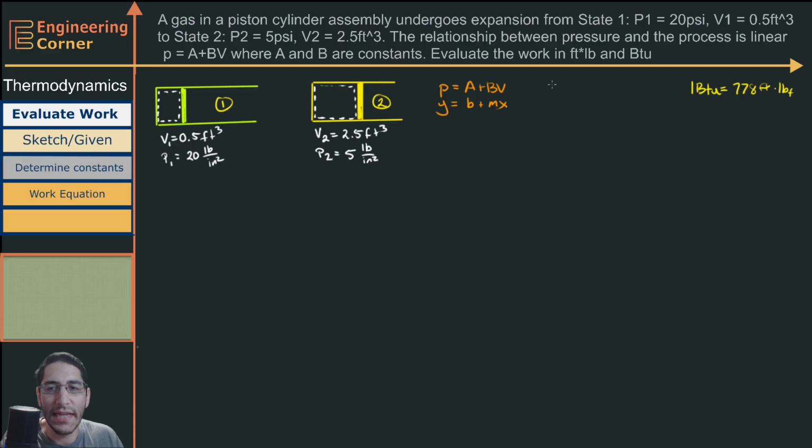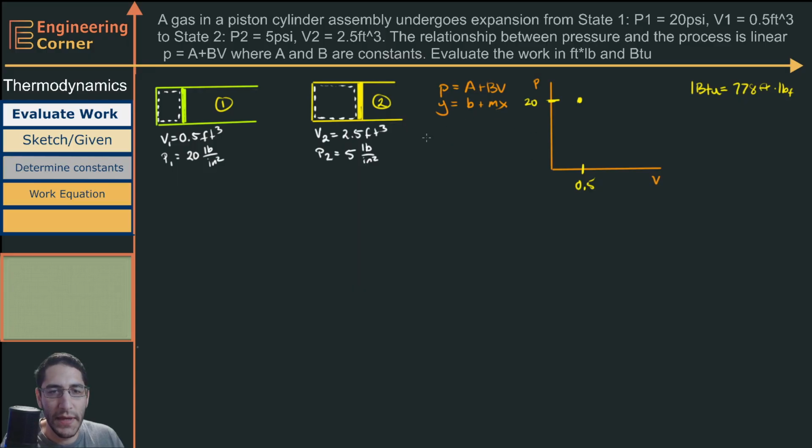What it's saying is that if you take my pressure and my volume and plot them, at V1, P1, I have 20 up here and 0.5 over here, so I just have this point.